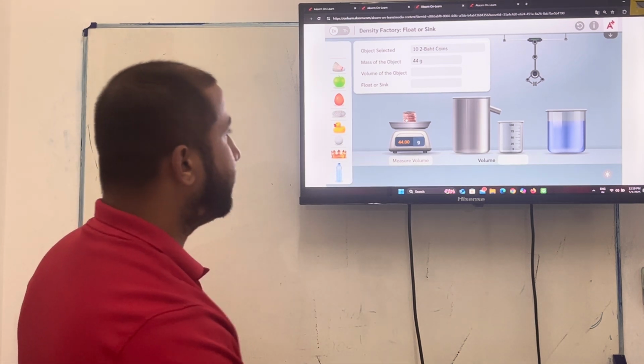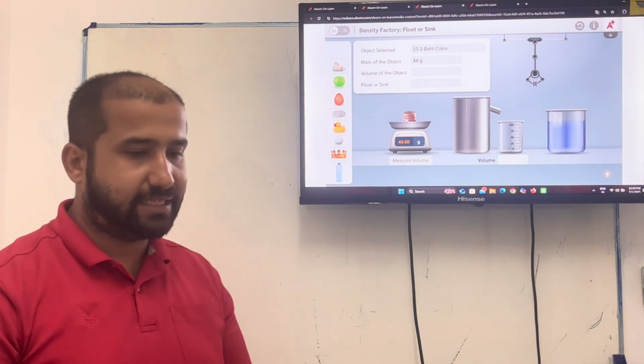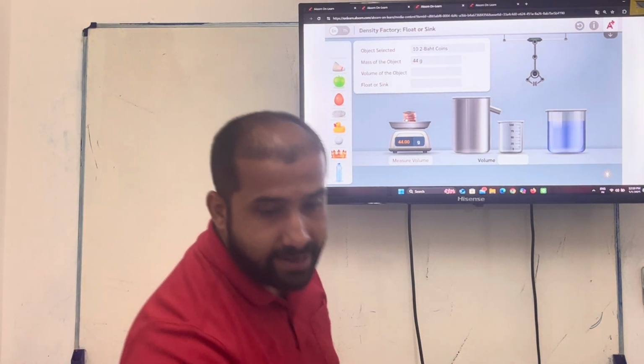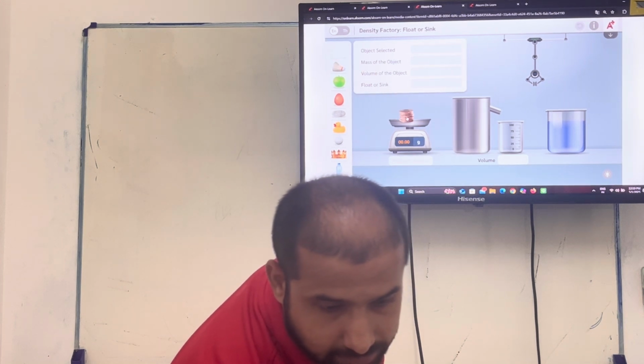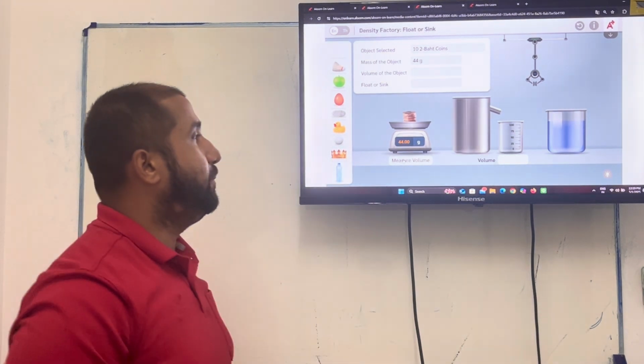What is the weight? 44 grams of each object. Now, if we put it here, now we need to measure.